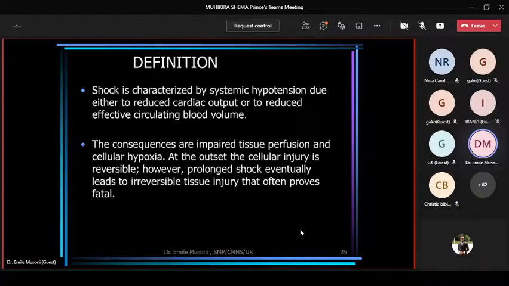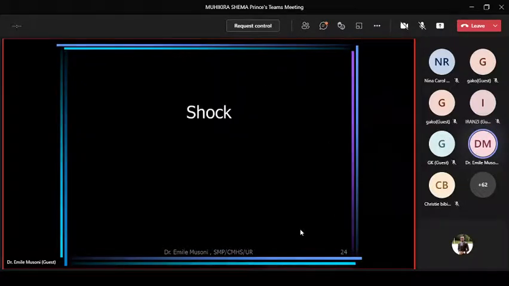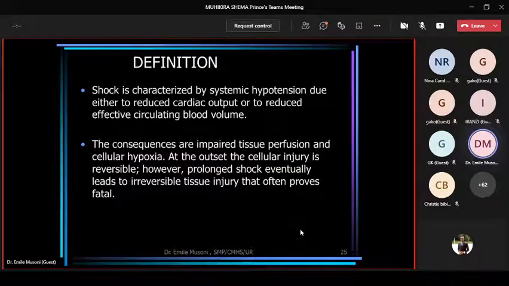Let us see what we call shock. A shock is characterized by systemic hypotension due to either reduced cardiac output or reduced effective circulating blood volume. So the consequences are impaired tissue perfusion and cellular hypoxia.